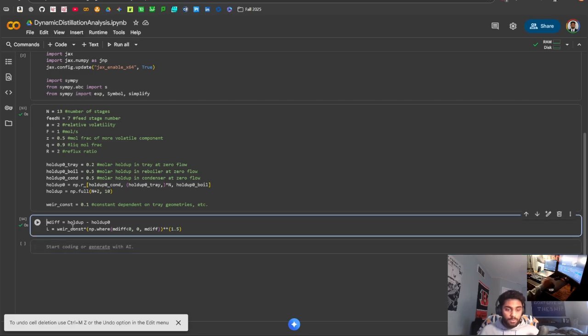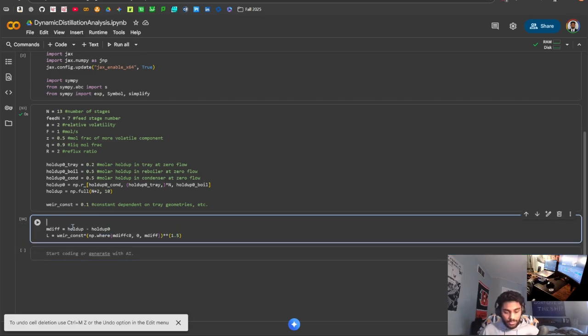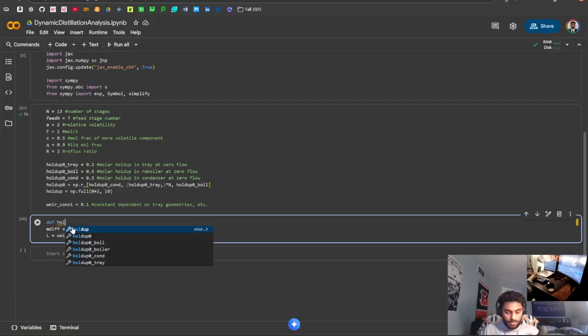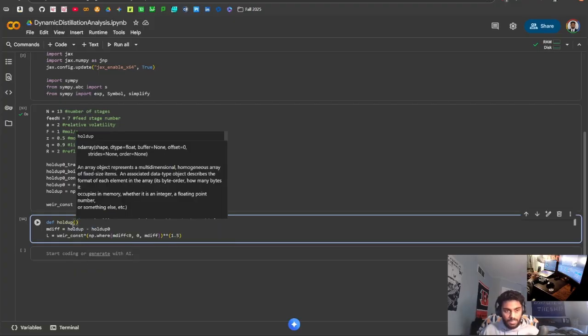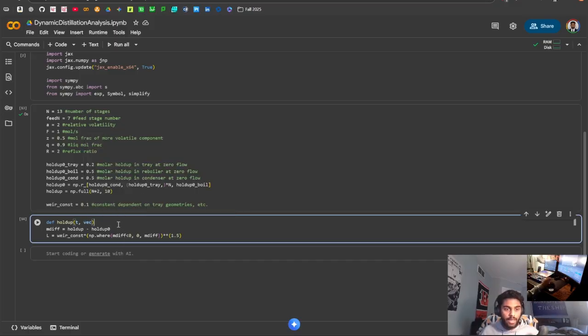So I'll pack this all into a function. So I'll define a new function, and let's call it Holdup for now. And we're going to have some time t, and we're going to have some vector that we are going to unpack.